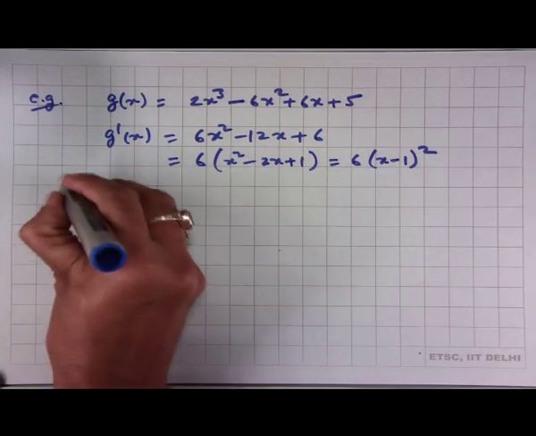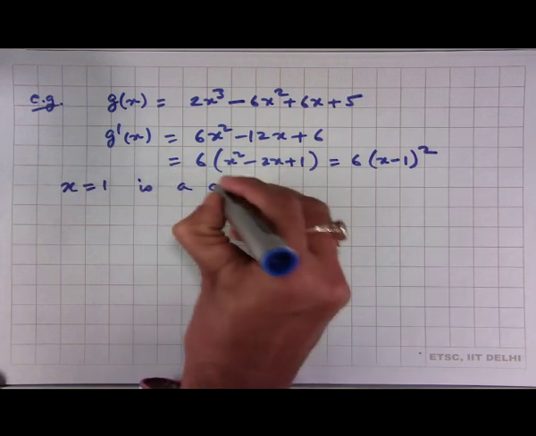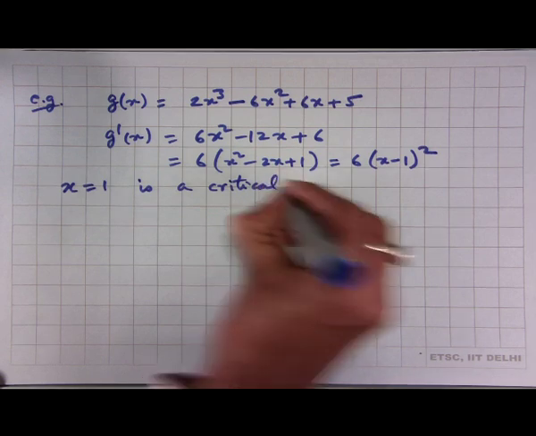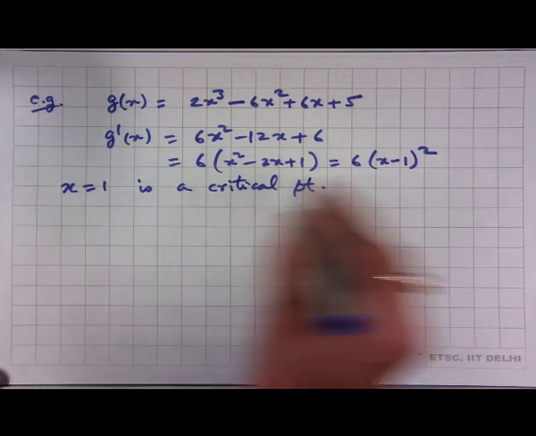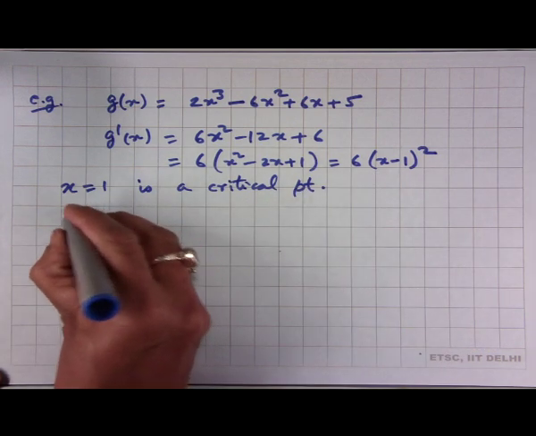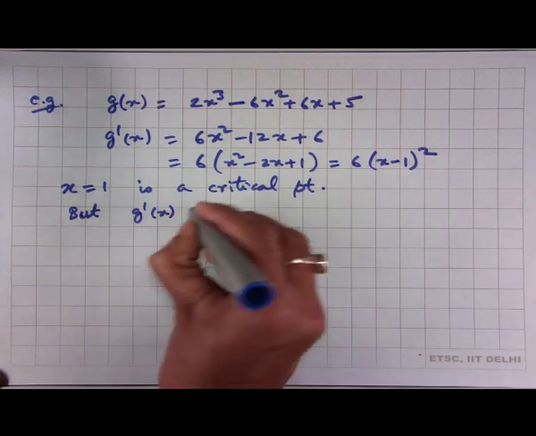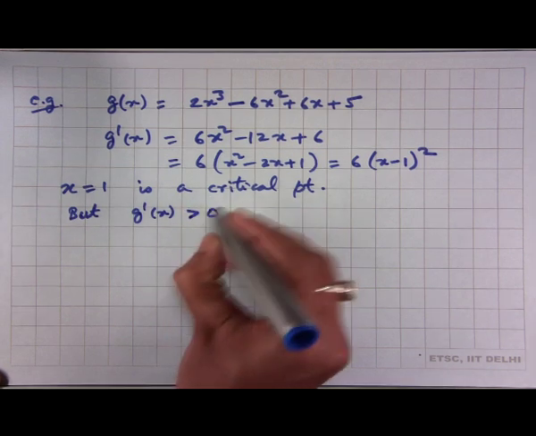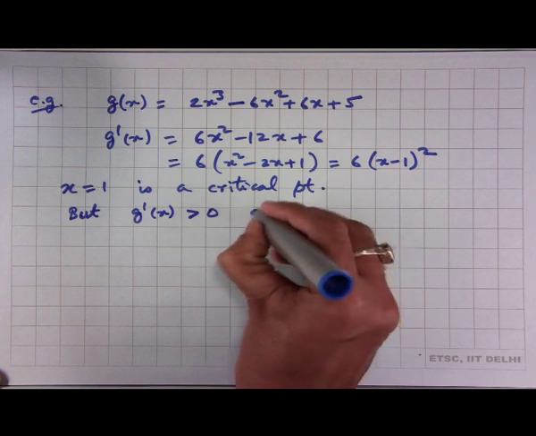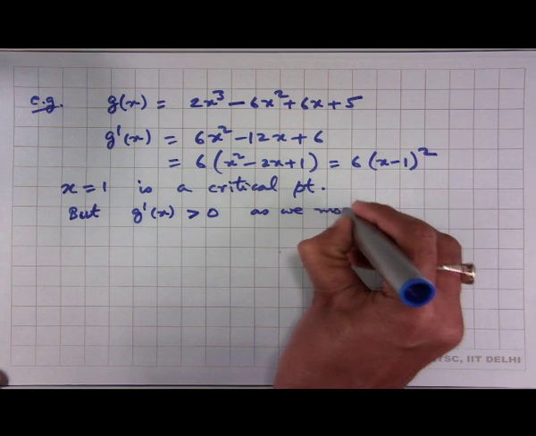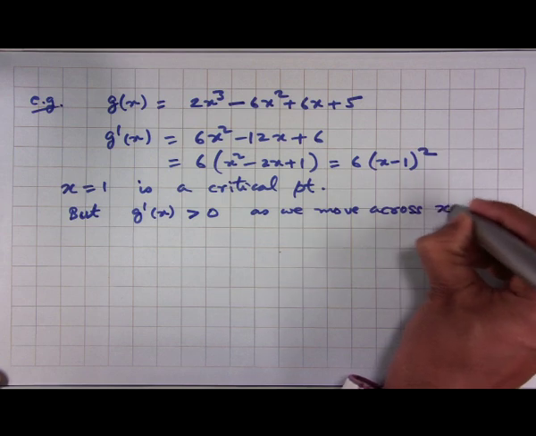So, here again x equal to 1 is a critical point, but we see that g prime x is positive as we move across x equal to 1.